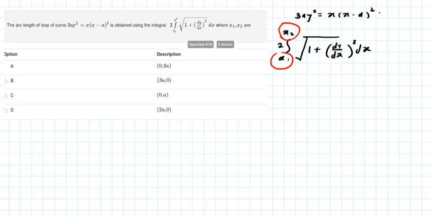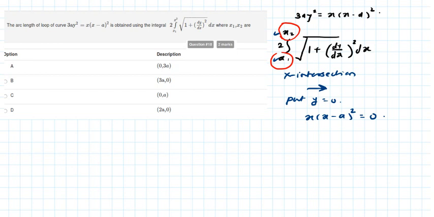This is again a Cartesian curve, and in a Cartesian curve x1 and x2 are nothing but the x intersections, meaning the curve intersecting with the x axis. We find the x intersection by putting y equal to 0 in the given equation. So when you put y equal to 0, I get x into x minus a square equal to 0, so from this I get the values for x, which are 0 and x equal to a. So x1 will be 0 and x2 will be a. So option C will be the right answer.